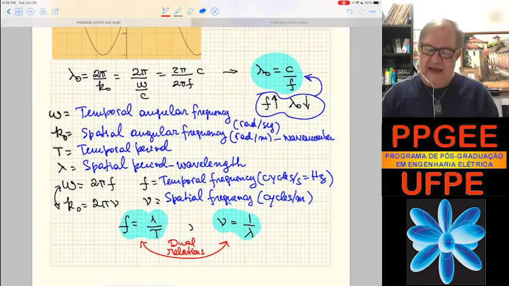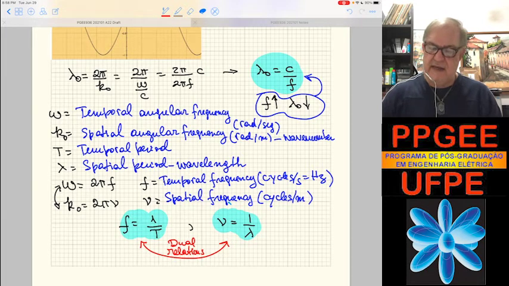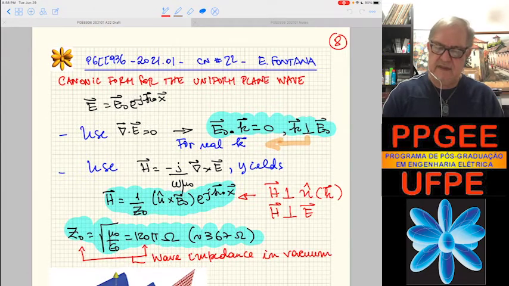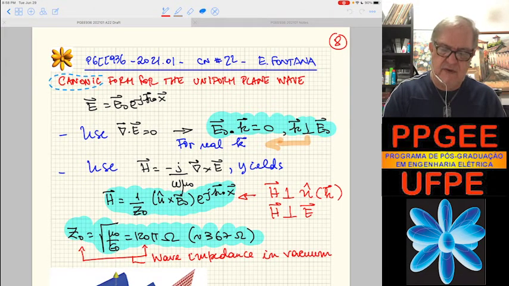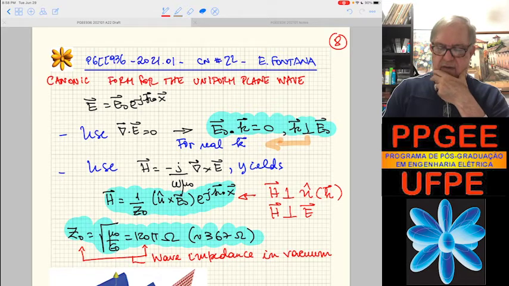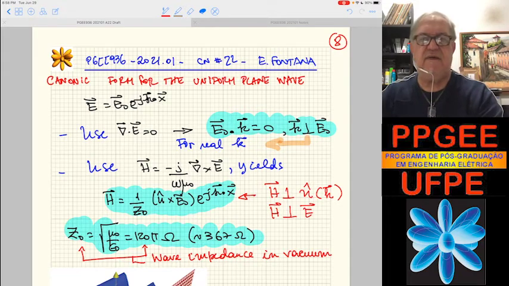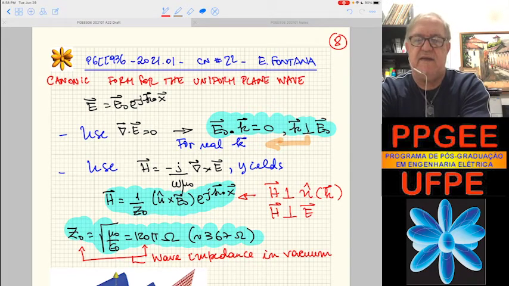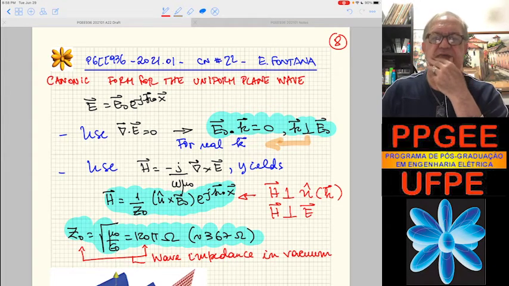So let's now derive the canonical form. I think this is misspelled here. Canonical form, canonic form... I believe that would be canonical form.